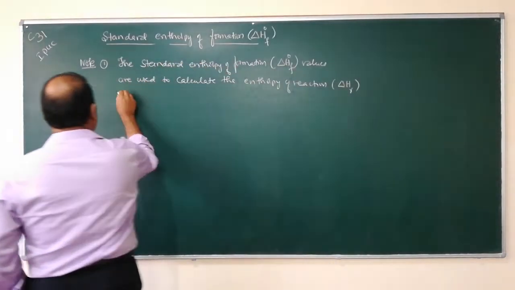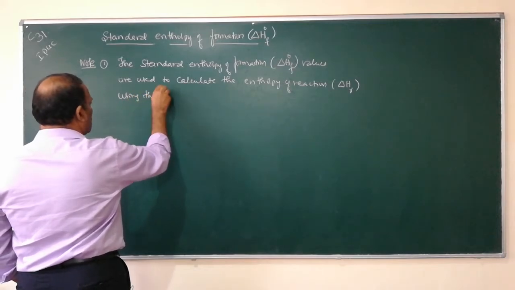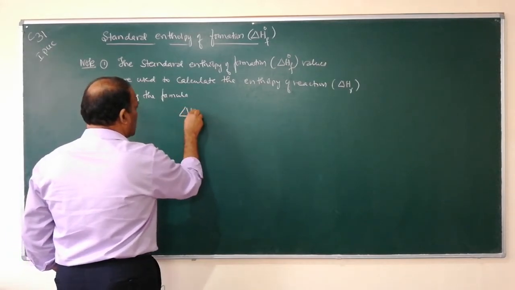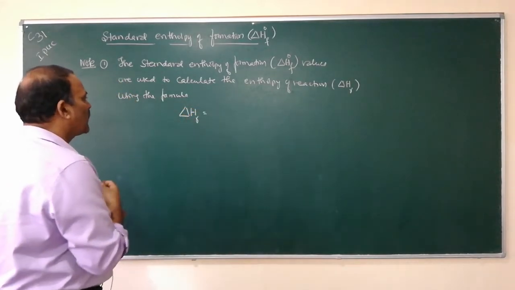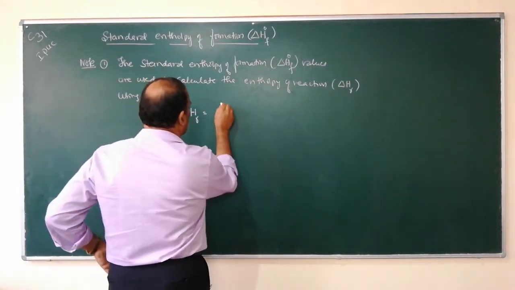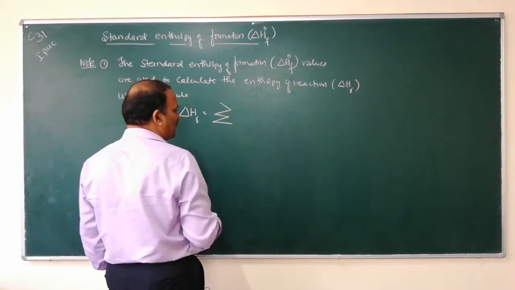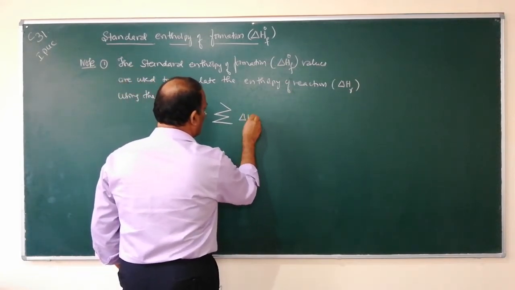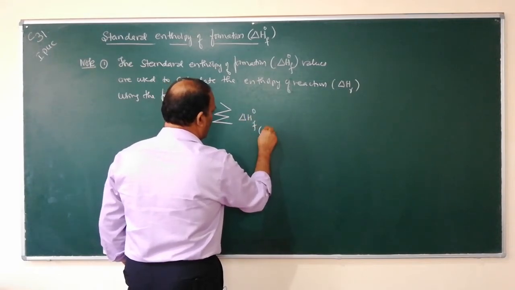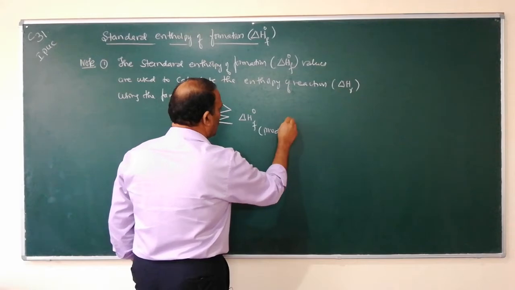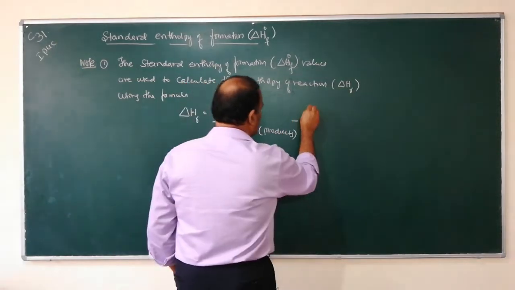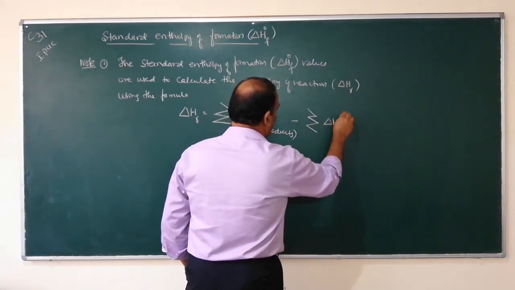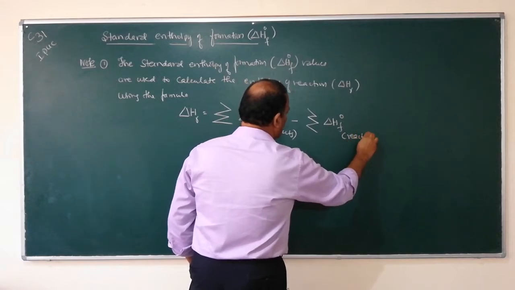Using the formula, delta HR, what is this one? Enthalpy of reaction is equal to sigma, means sum, sigma delta HF naught of products minus sigma delta HF naught of reactants.